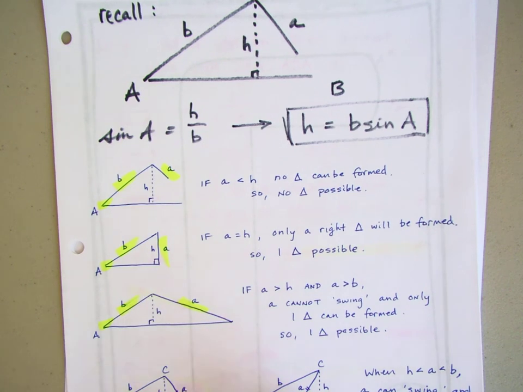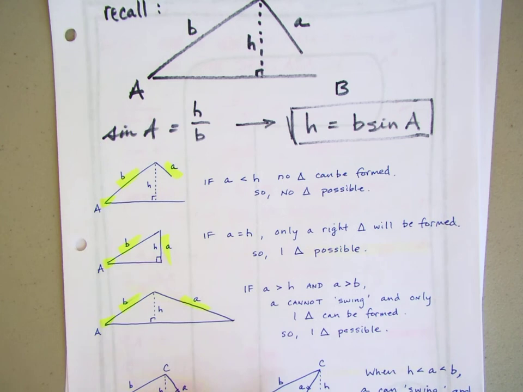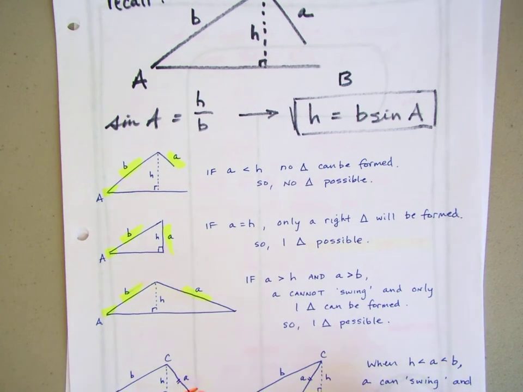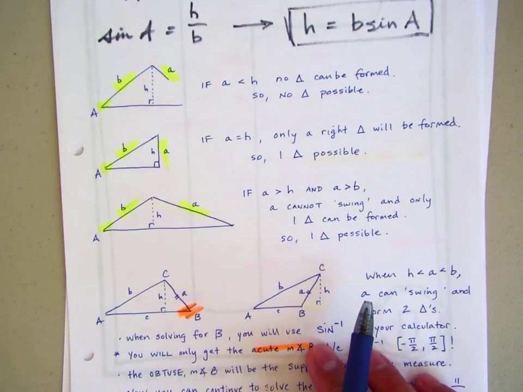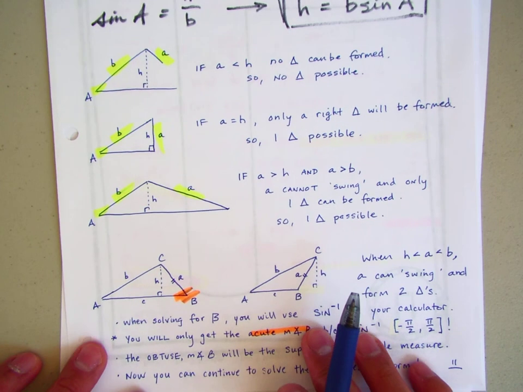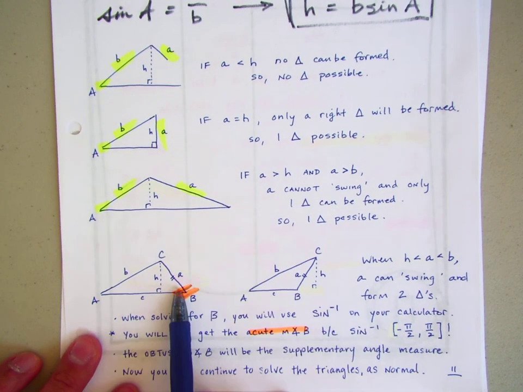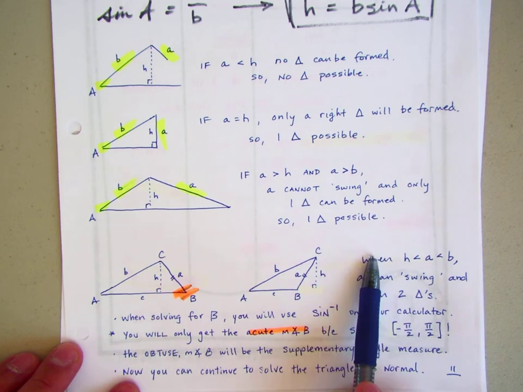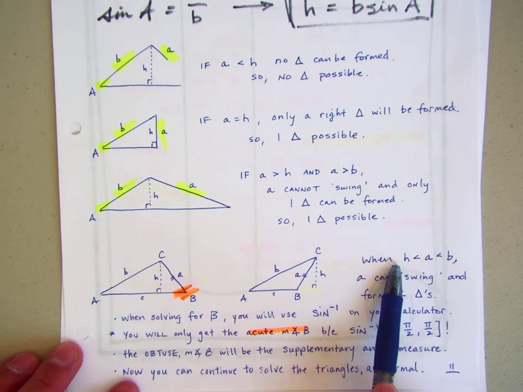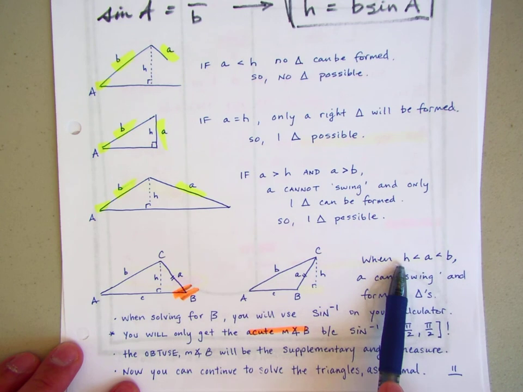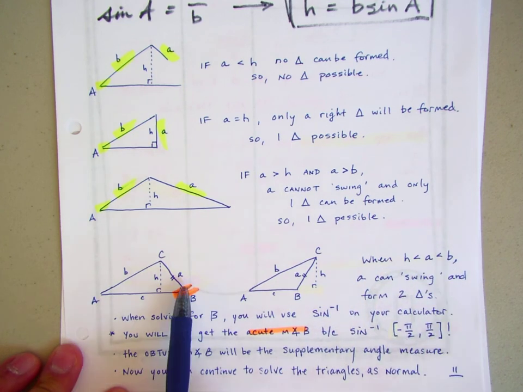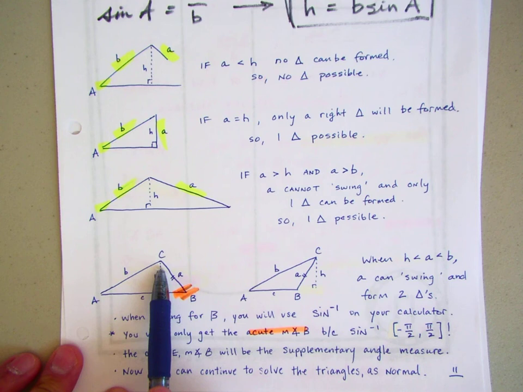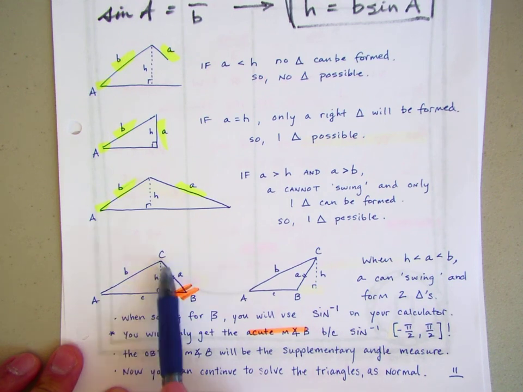One triangle. So here's where it gets interesting. There are two possible triangles, and this is what makes SSA the ambiguous case. When the length of A is between the length of the height and B, H is my height, it's the smallest if I compare this leg and here. If A was the same as H, I would have one right triangle.